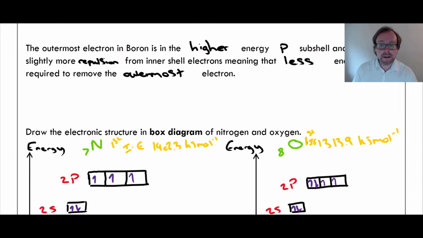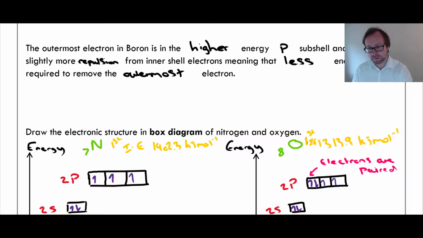So here we can see that in one orbital of our 2p subshell, the electrons are paired. And it's this pairing which creates repulsion, making one of these electrons easier to remove.